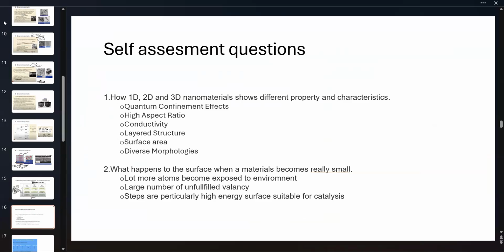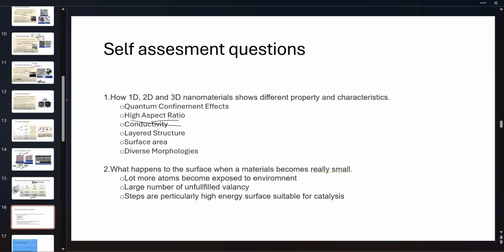If you go down from 3D to 2D to 1D, the quantum confinement effect starts playing a role, like your band structure changes, your band gap changes. So as you go down, the length scale is playing a big role.